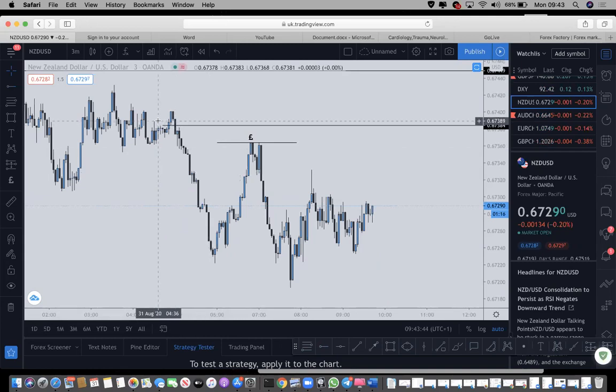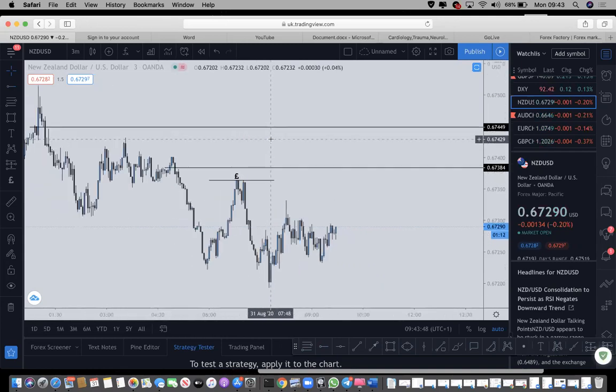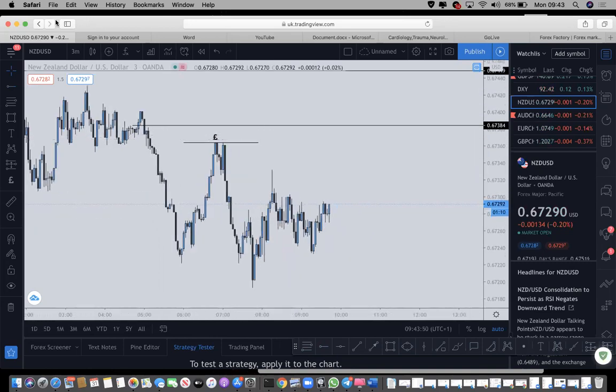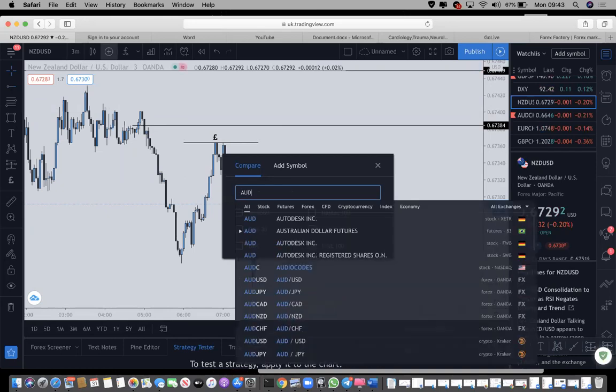So I have my institutional candlestick sitting right there, equal top right here. So I want to be seeing, let's compare AUD USD.